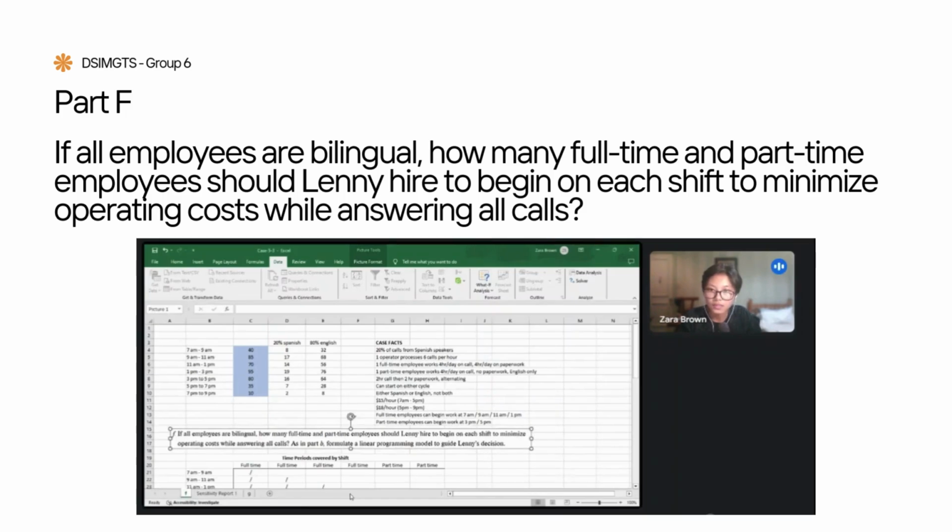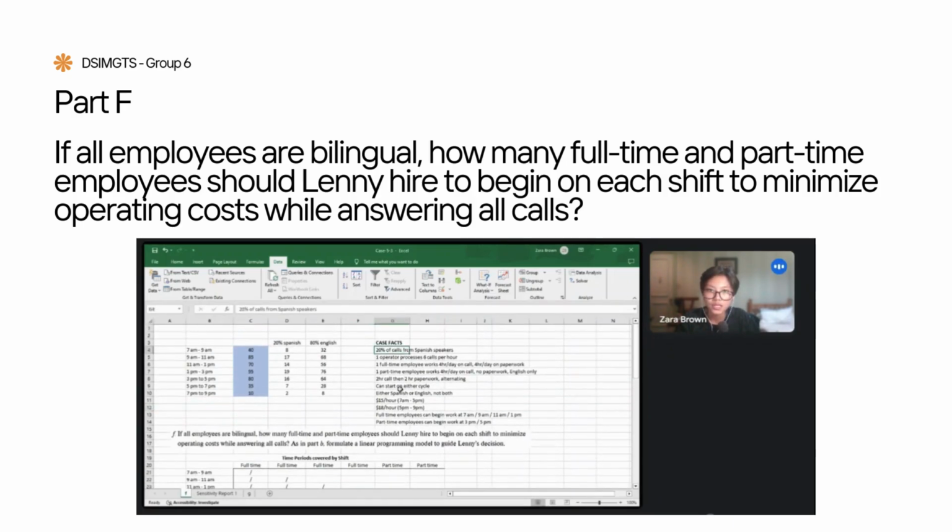All right. Now let's tackle the problem of part F, which says that if all employees are bilingual, how many full-time and part-time employees should Lenny hire to begin on each shift to minimize operating costs while answering all calls. For this one, we'll also have to create a linear programming model.